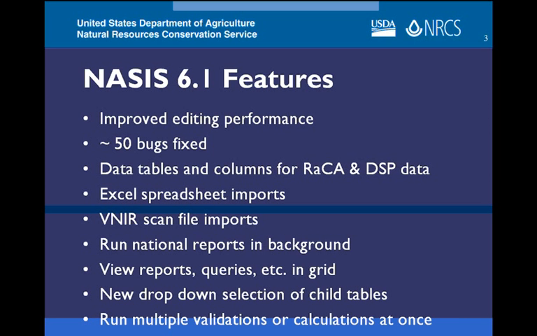There were about 50 bugs that had been identified in the NASIS 6.0 version that have been fixed in 6.1, and we do have a listing of those that have been fixed, and it'll either be posted on the website or we can make it available to you if you're really interested in which ones were included.